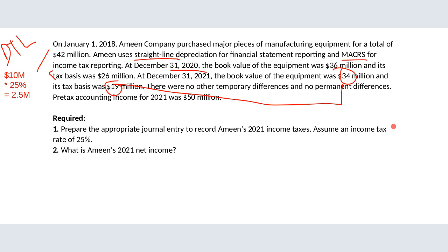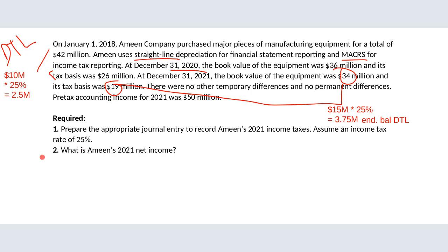So 15 million multiplied by 25% is 3.75 million. All right. So this is the ending balance. This is what the ending balance of the DTL account is in 2021. So whatever adjustments we make, they need to be made in order to end up with a balance in the DTL account of 3.75 million.